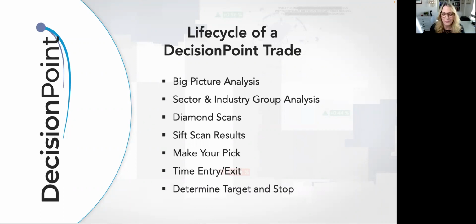So once I've timed my entry and exit, I want to determine a target and stop. You can make it mental target, mental stops, but really in the environment we're currently trading within, in this bear market environment, I recommend hard stops, not just, well, I think I'm going to look at it when it gets to this level.